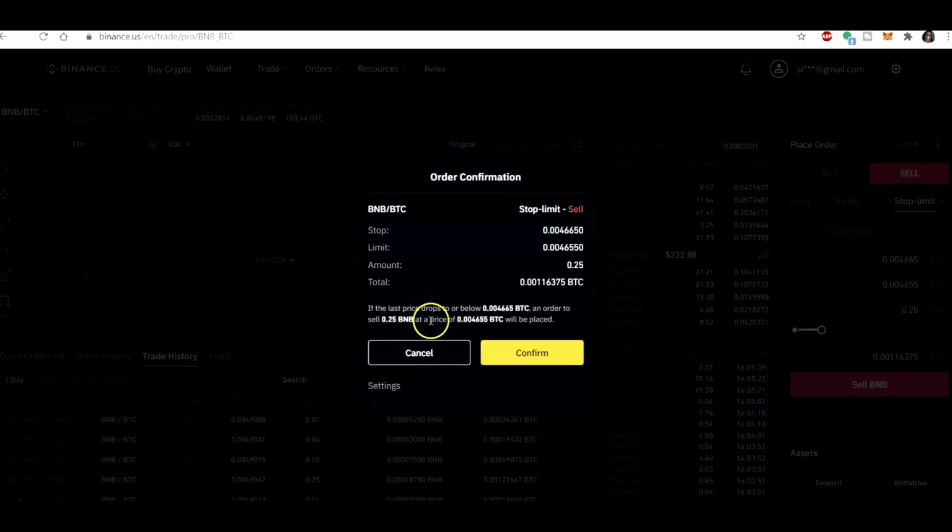It says if the last price drops to or below 0.004665 BTC, an order to sell this amount of BNB at a price of 0.004655 will be placed. So what this is saying is, by the time I click confirm, it's not actually going to set that stop limit order or the stop loss. It's only going to set it once price action comes down to this stop price.